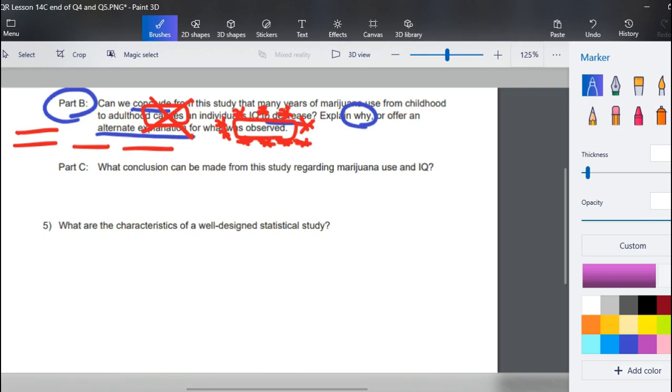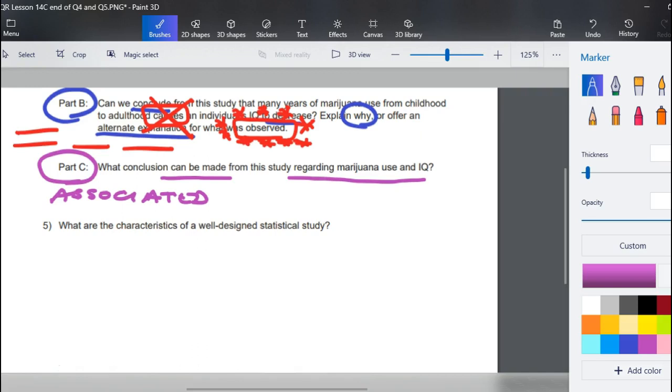So moving on to C, now that I've harped on that one forever, what conclusion can be made from this study regarding marijuana use and IQ? We can say that marijuana use from childhood years into adulthood is associated with decreased IQ.